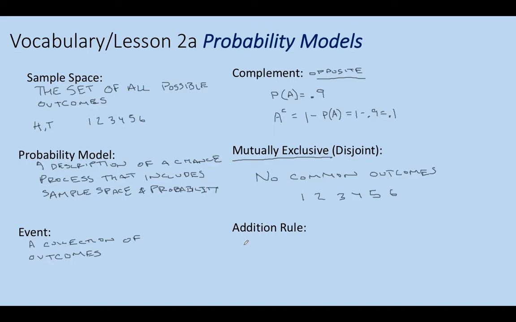And so basically it says this: if two events are mutually exclusive, like getting a 3 or an even number, then we add.